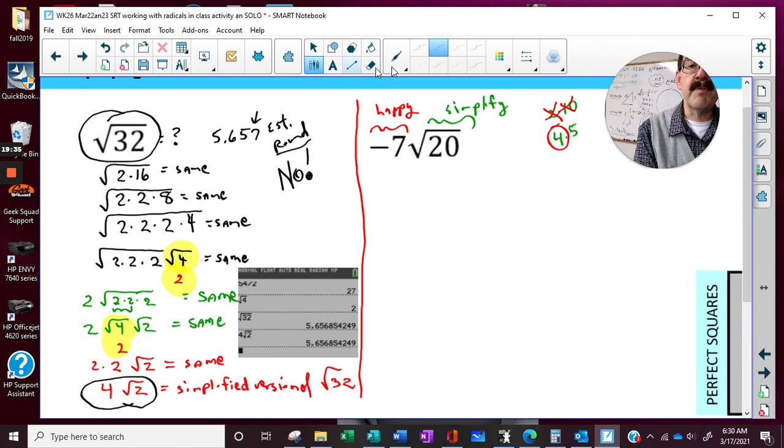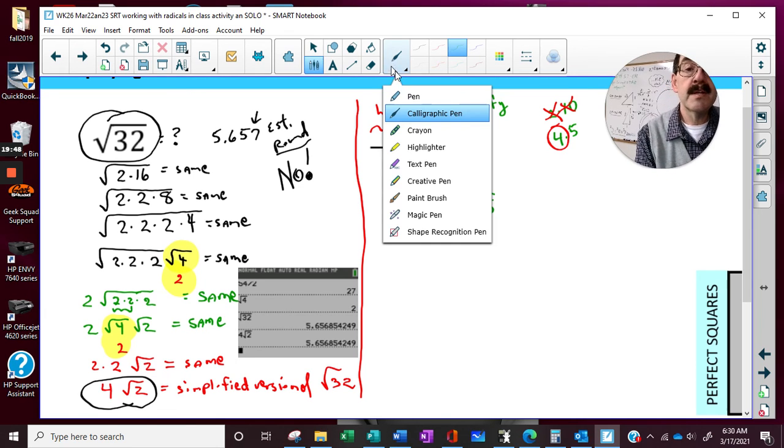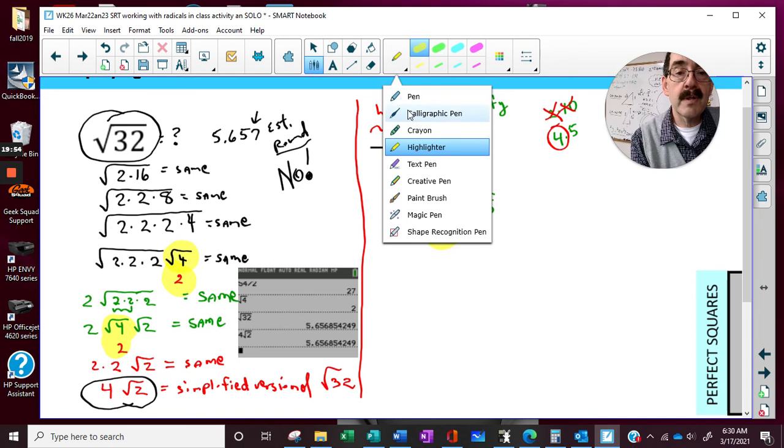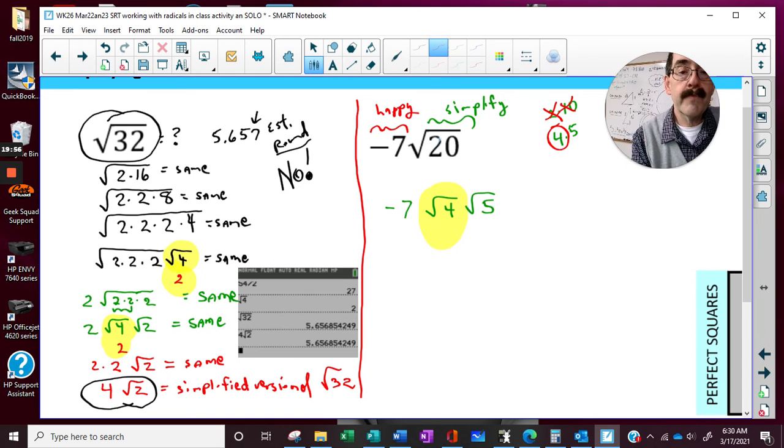So this one becomes, we're going to bust it apart. The -7, we're happy. The square root of 4, we know what to do with. The square root of 5, we don't know what to do with. So, we're going to simplify by factoring out the square root of 4.